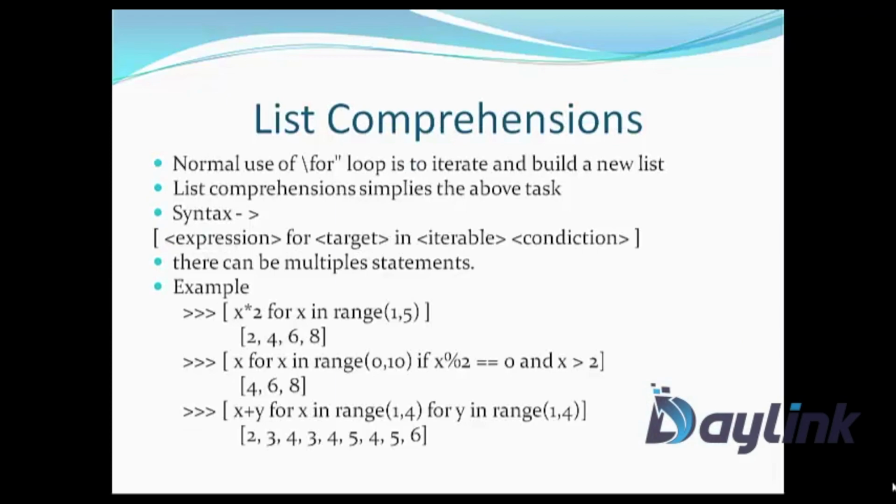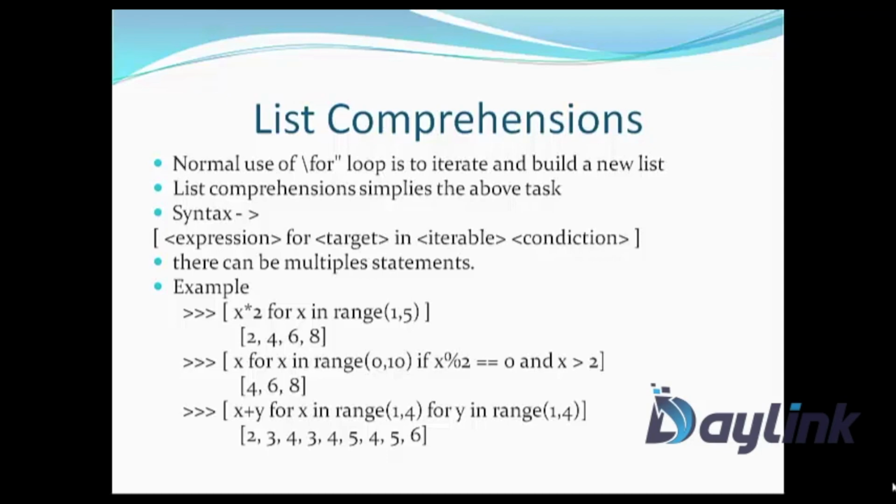Now we see list comprehensions. Normal use of a for loop is to iterate and build a new list. List comprehension simplifies the above task. Syntax: expression for target in iterable if condition. For example, x times 2 for variable x in range 1 to 5.